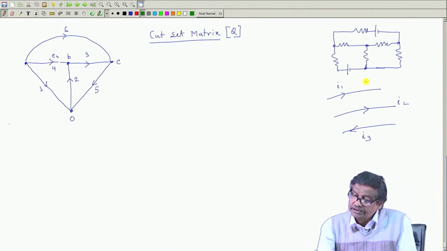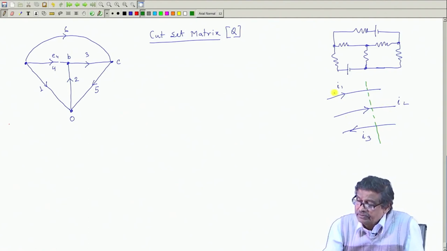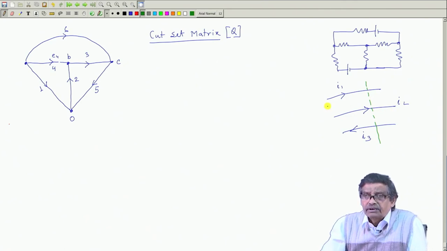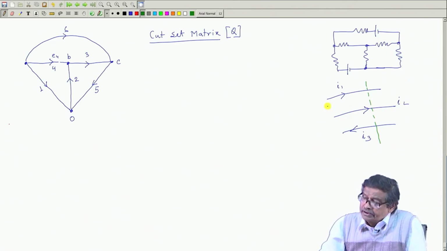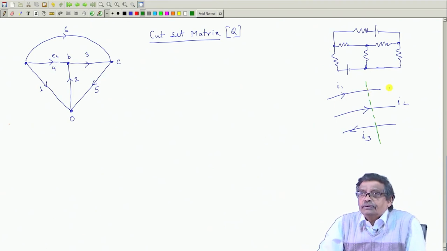Suppose you imagine a line here. Whether I 1 and I 2 have made a junction or not, I am not sure. But if you can imagine a line here, then the currents crossing this line will sum up to 0 once again.